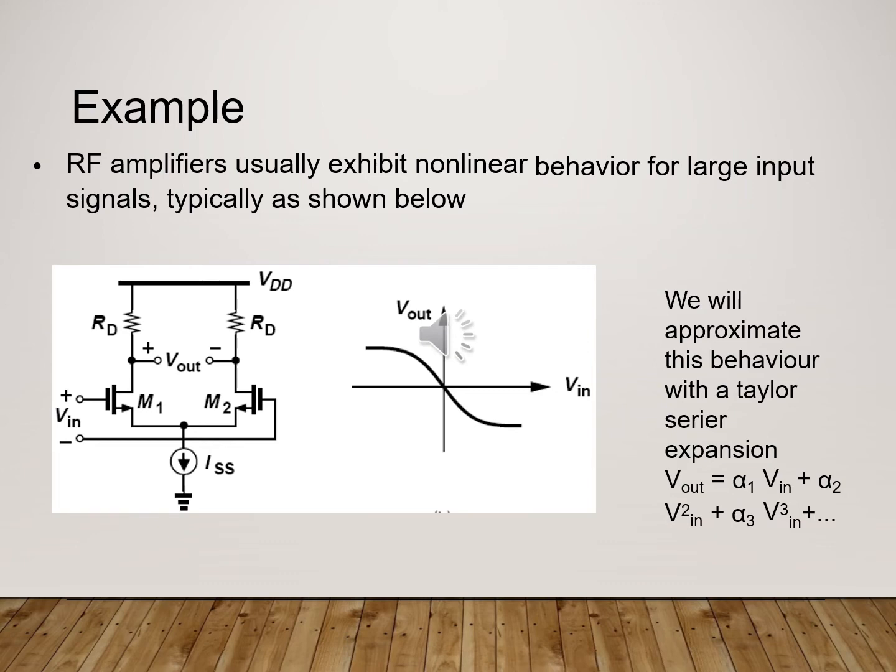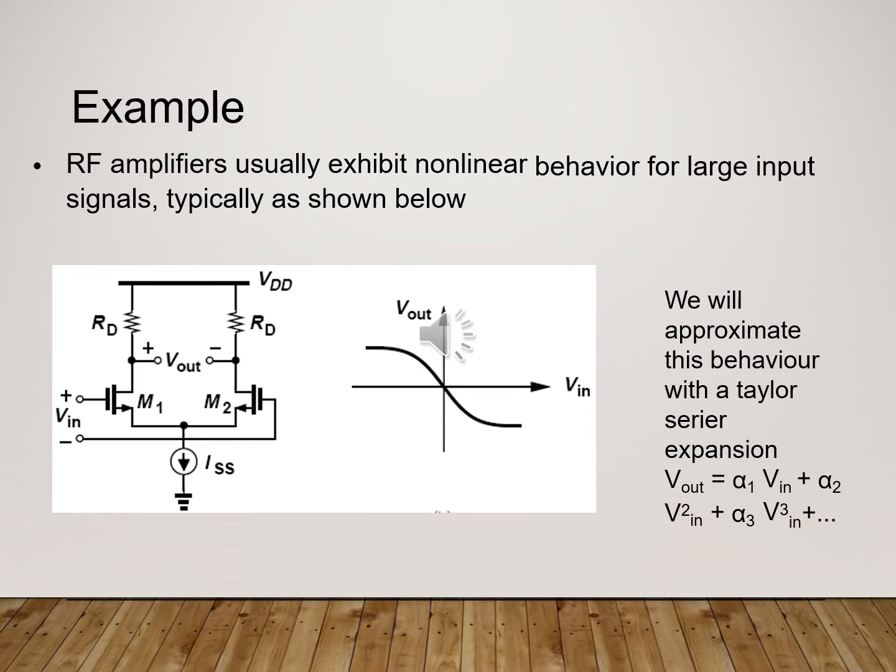Example about nonlinearity: RF amplifiers usually exhibit nonlinear behavior for large input signals, typically as shown below. If you see in this slide, we have an amplifier. We used to find the gain, which is minus gm times R of D. Now, if you have large-scale V inputs, you are going to go from the linear region to what we call the nonlinear region.